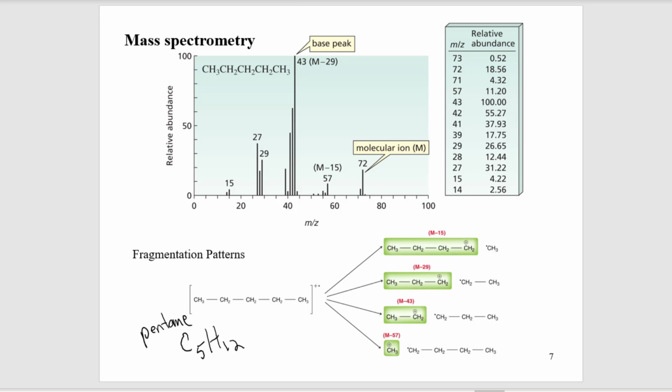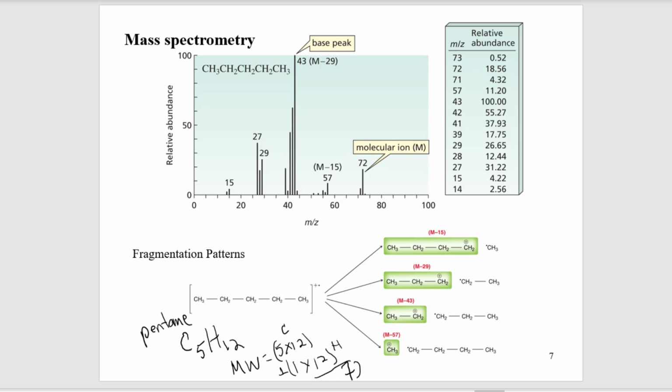So if I were to do the molecular mass of pentane, I would say 5 times 12 is 60, right? 5 times the weight of carbon is 60, plus 1 times 12, because there are 12 hydrogens. So if I take 60 plus 12, I get 72 grams per mole as the molecular weight for pentane.